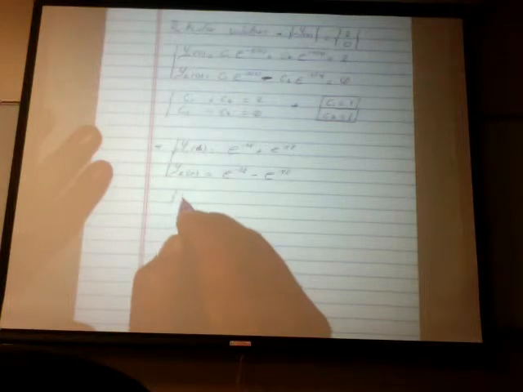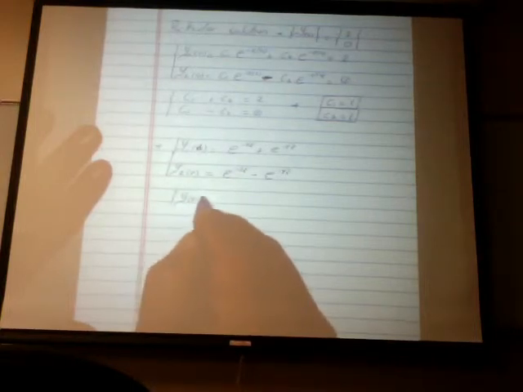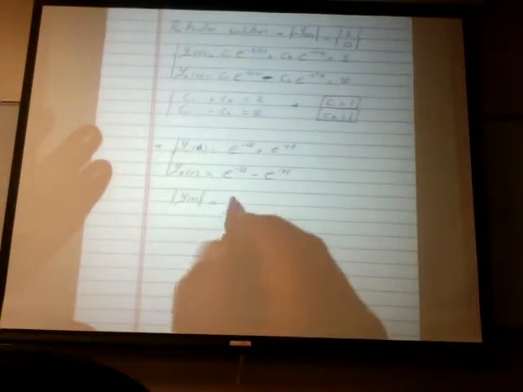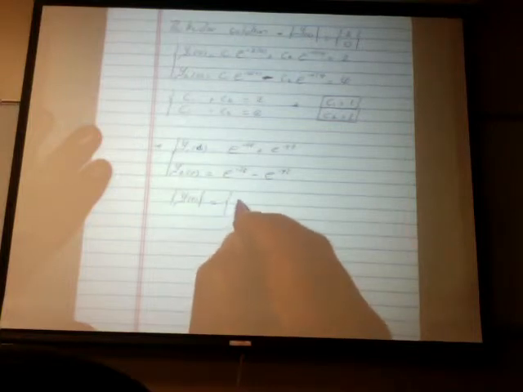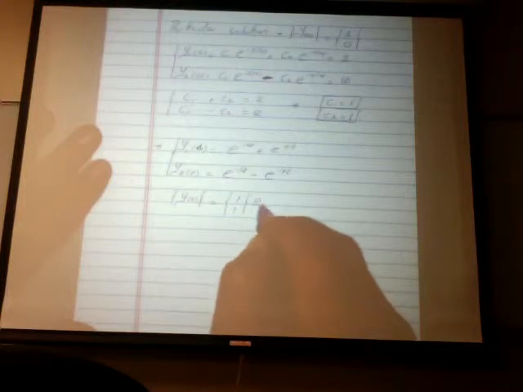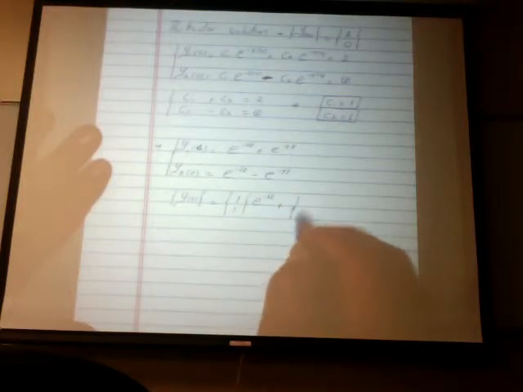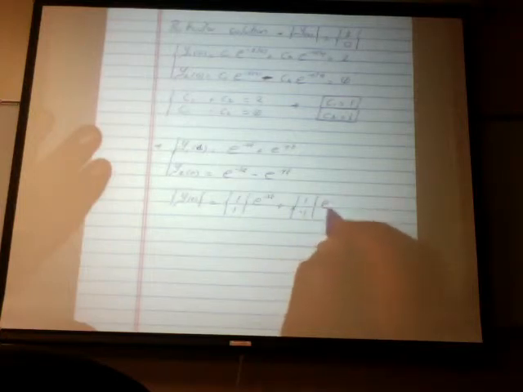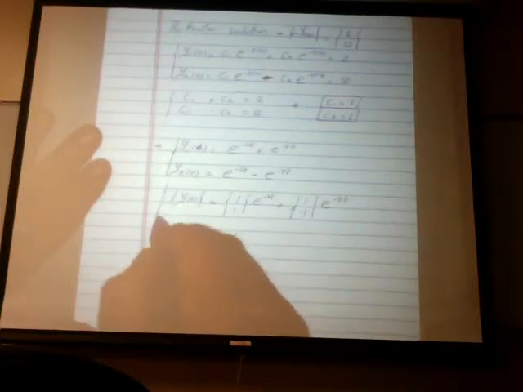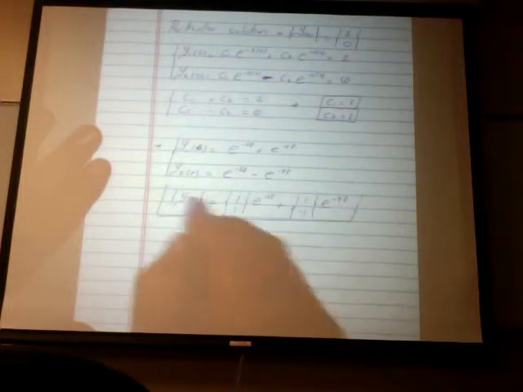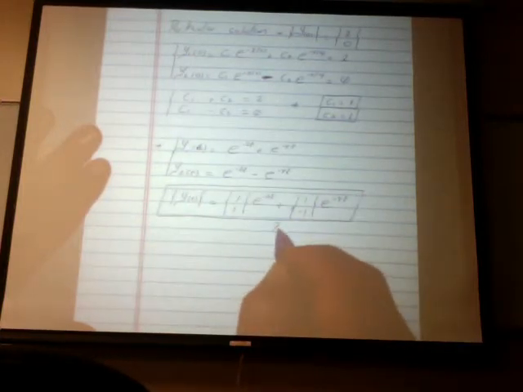Well, these can be expressed again as y of t is equal to 1, 1 e to the minus 2t plus 1, minus 1 e to the minus 4t. Same thing. Particular solution.